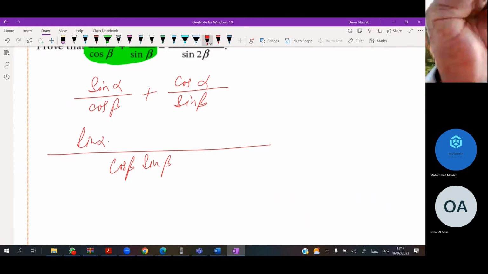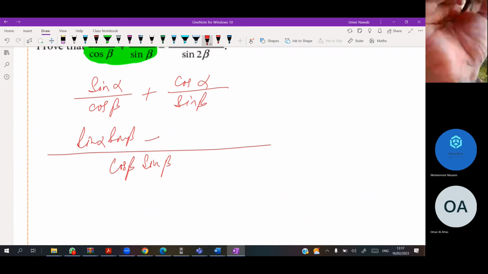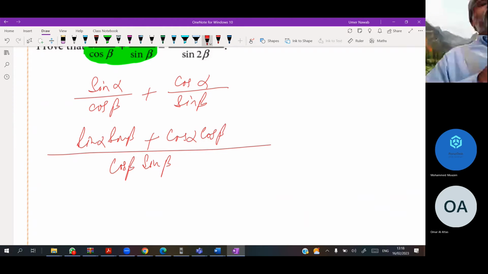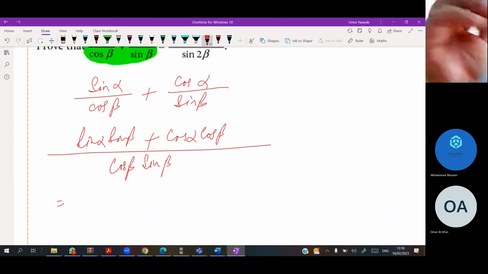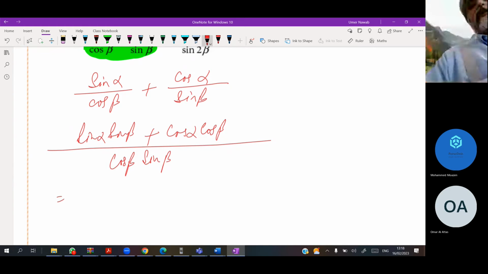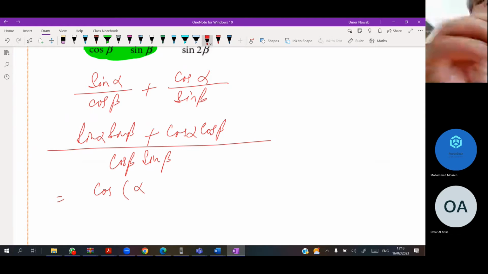So here sine of alpha, sine of beta plus cosine of alpha, cosine of beta. And on top, this thing is equal to sine alpha, sine beta plus cosine alpha, cosine beta, that is equal to cosine of alpha minus beta.